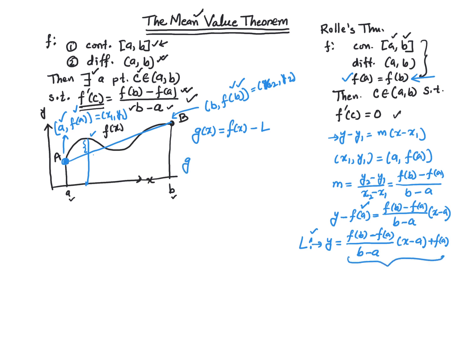So g(x) is equal to f(x) minus all of this, which is (f(b) minus f(a)) divided by (b minus a), times (x minus a), then plus f(a). So if I distribute this negative, that's going to give me negative f(a). So this is the function.